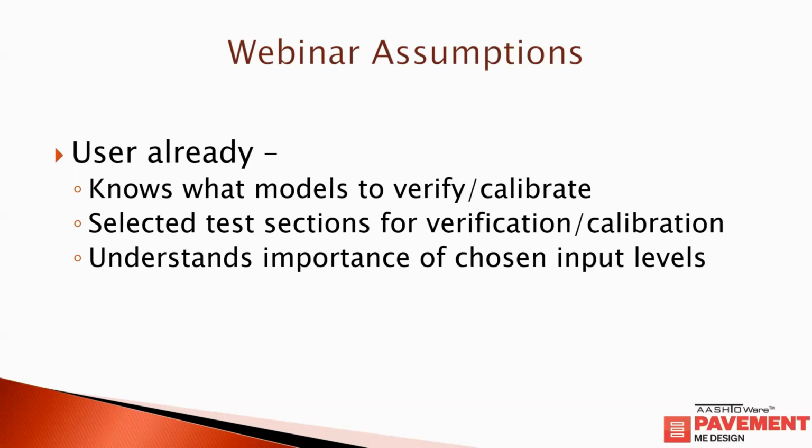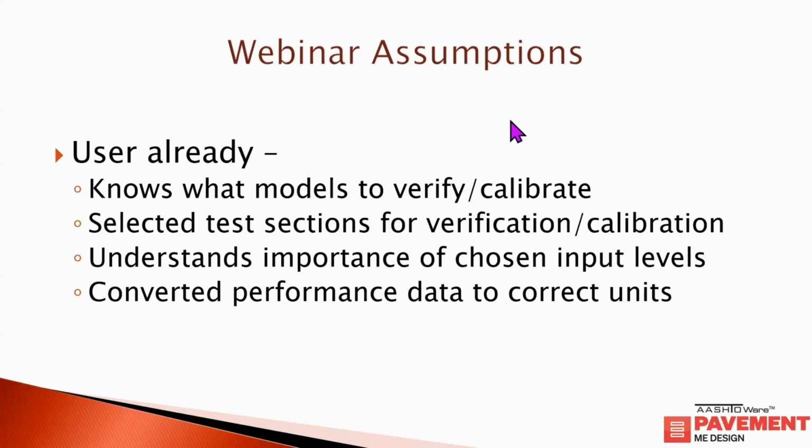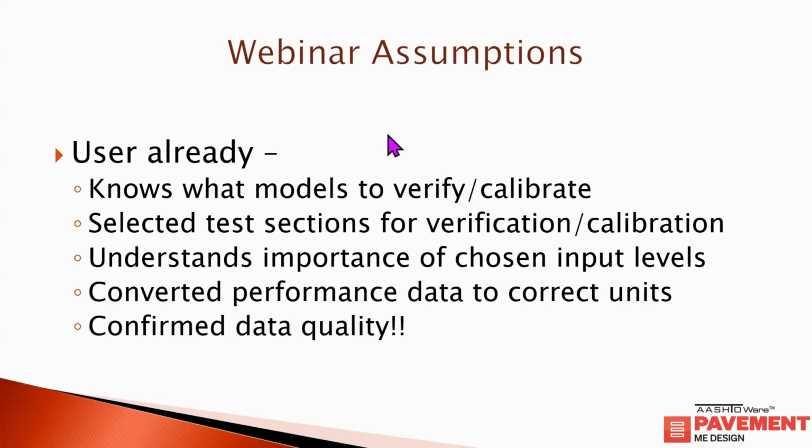So that way you're going to calibrate the models for the conditions that you actually design pavements in as closely as possible. And as I mentioned before, you do want the performance data to be in the correct units, so that will have to have been done before the CAT analysis begins, and confirm the overall data quality.